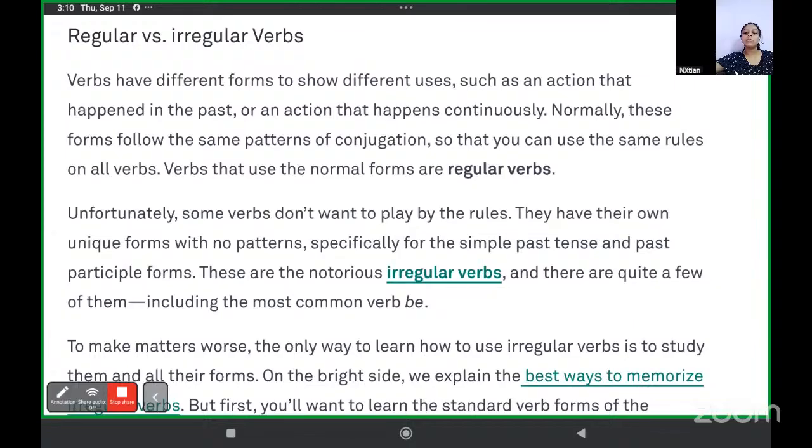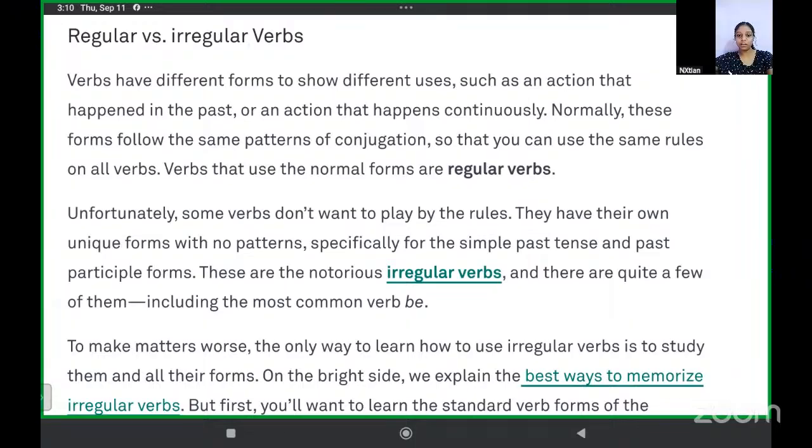Okay. Now, regular versus irregular verbs. Verbs have different forms to show different uses, such as an action that happened in the past or an action that happens continuously. Normally, these forms follow the same patterns of conjugation so that you can use the same rules on all verbs. Verbs that use the normal forms are regular verbs.